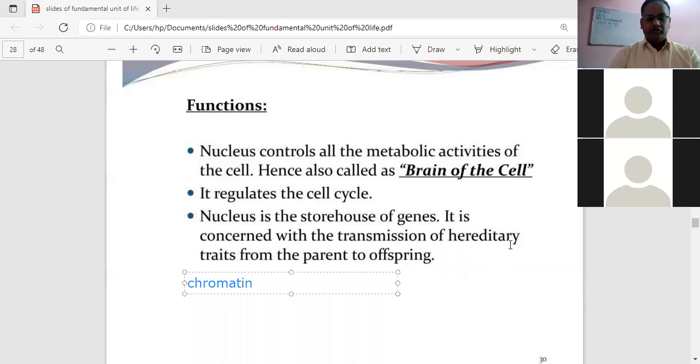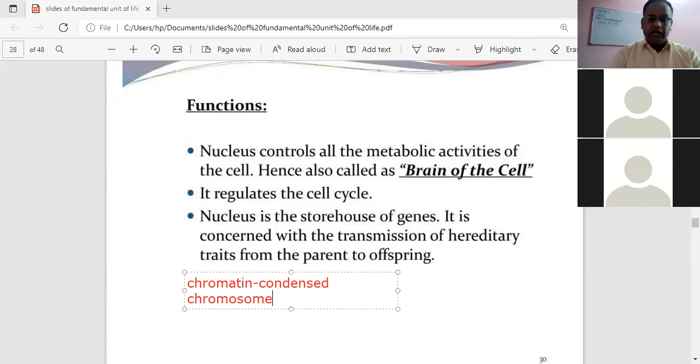Now, the chromatin, as I told you, what is a chromatin? It is a condensed chromosome.